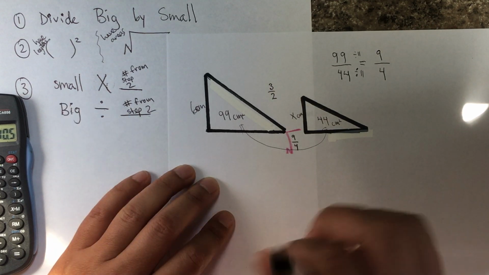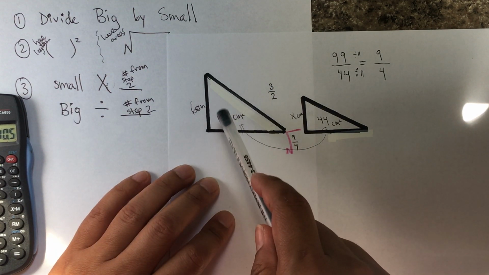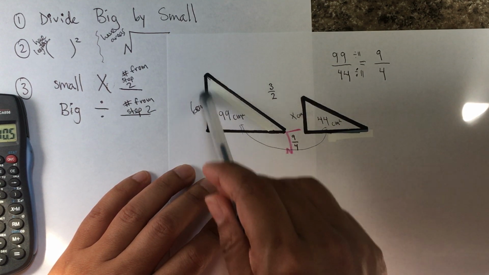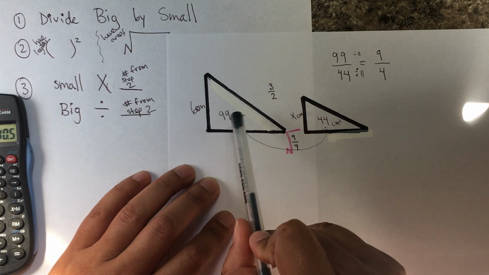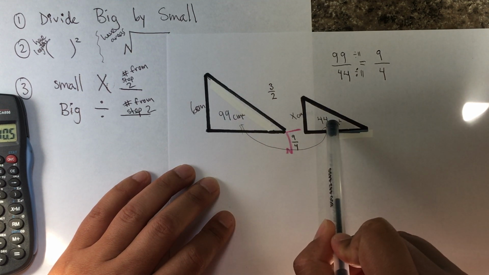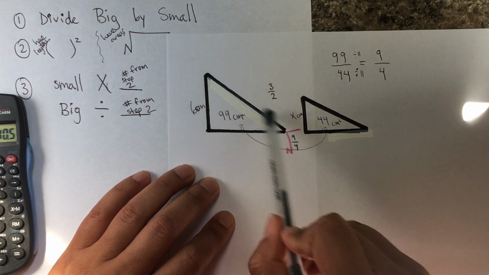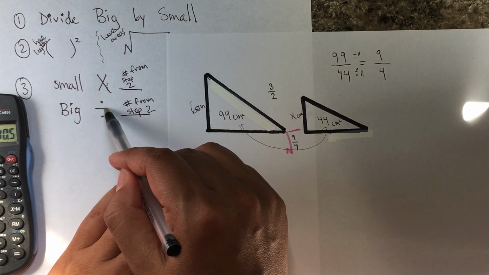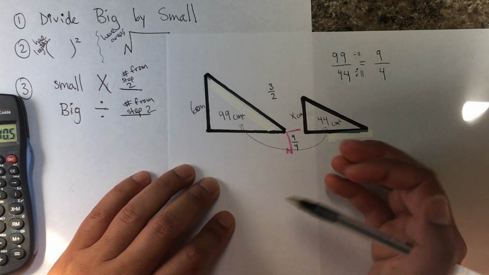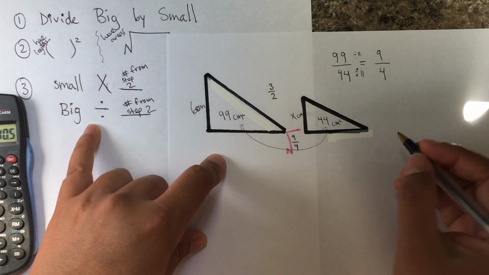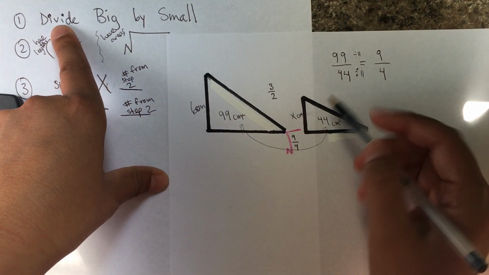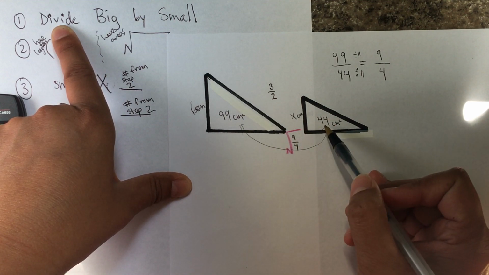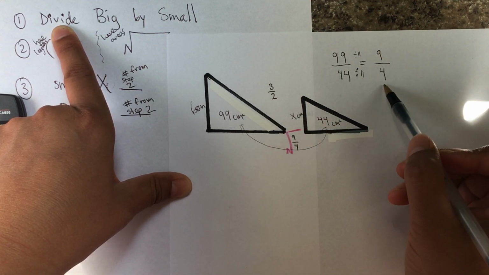Then the next step is, look, do we have the big one or the small one? We have the big shape, and you can notice because this is bigger than this one. So if you have the big one, what are we going to do? We're going to divide. That's the third step. Again, the first step is to divide the bigger number by the smaller one, and reduce it.